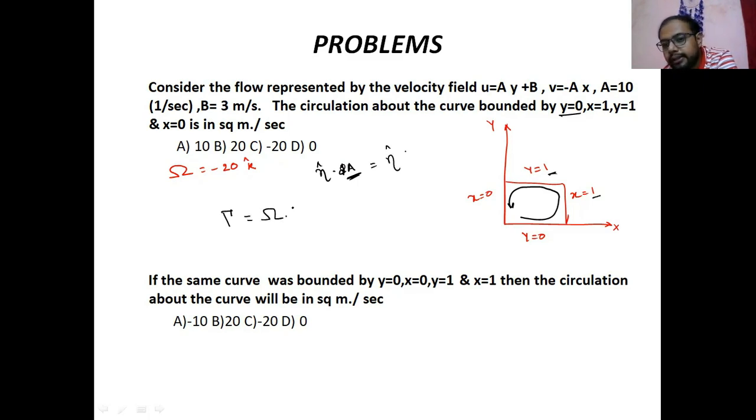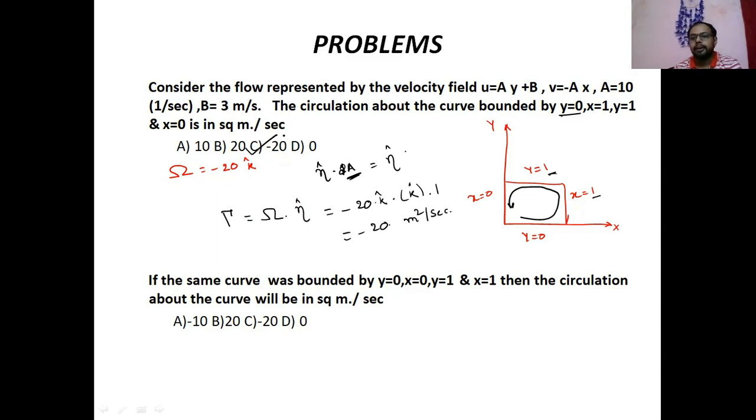So the circulation about the curve is vorticity vector into area. Vorticity vector is minus 20k, and this is the positive z axis, meaning k into 1. So minus 20 will be the answer. Circulation is minus 20 meter square per second.